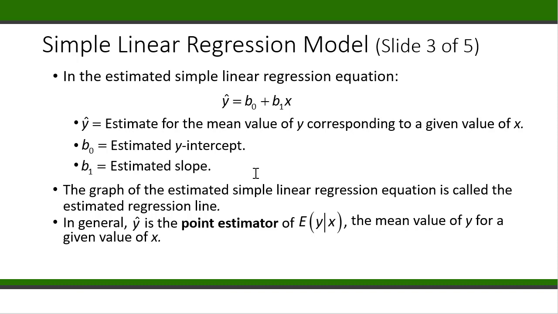And b1 is the estimated slope, which means one change in x results in a certain amount of change in y. Notice that this is just an estimate for the simple linear regression, and y hat becomes the point estimator for the expected value of y given x.